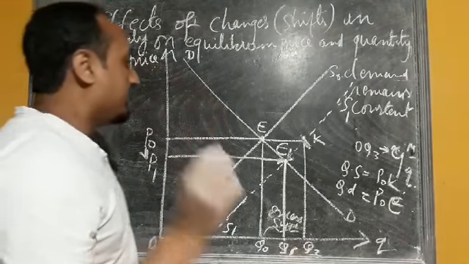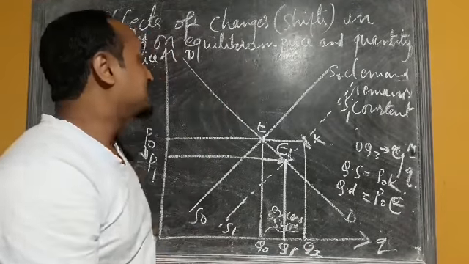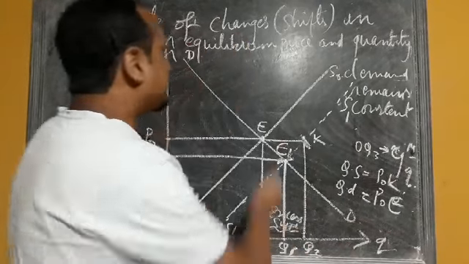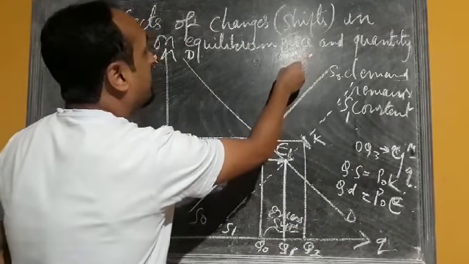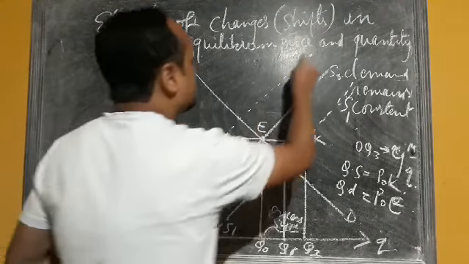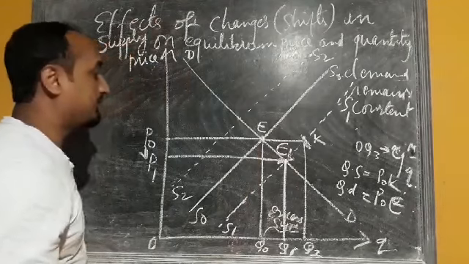Now next case, what will happen if the supply curve shifts leftward? Suppose S2 is the new supply curve.